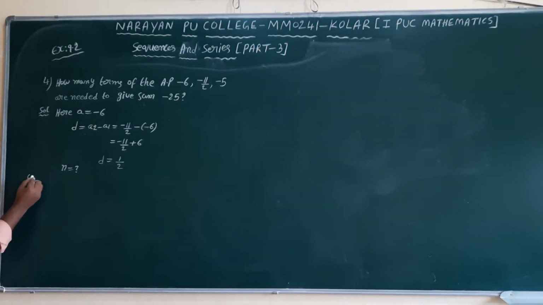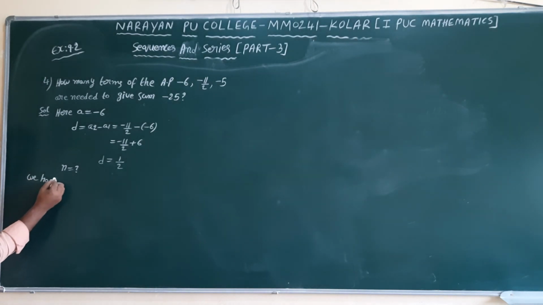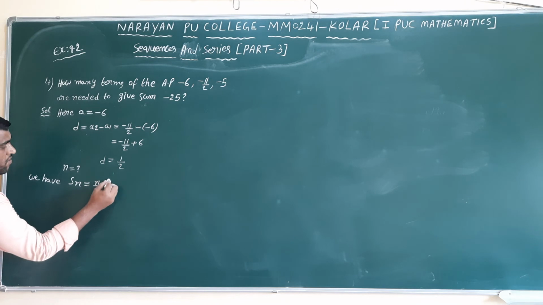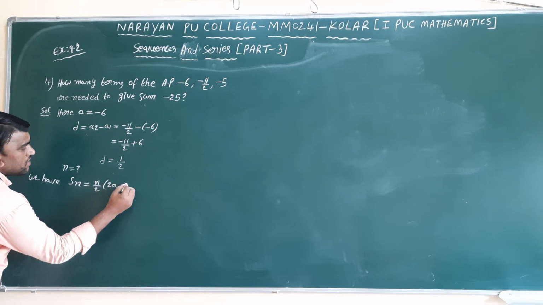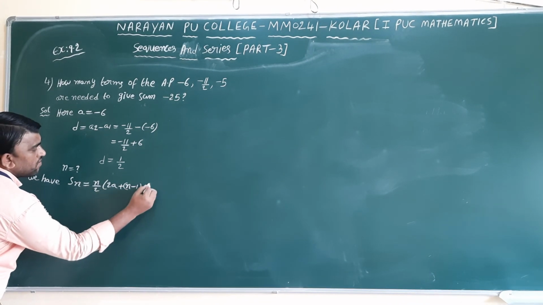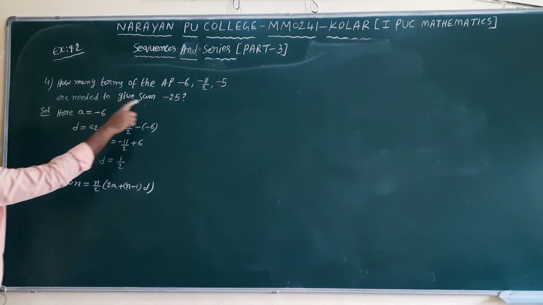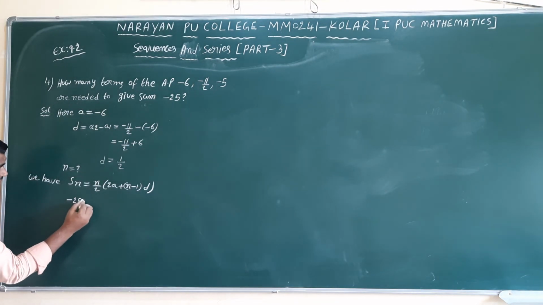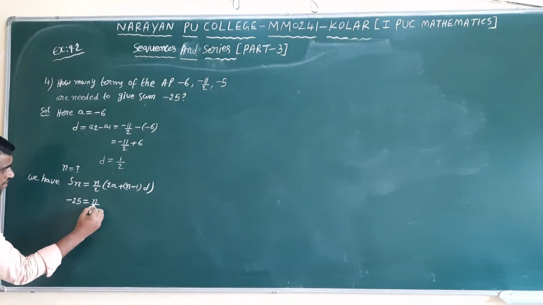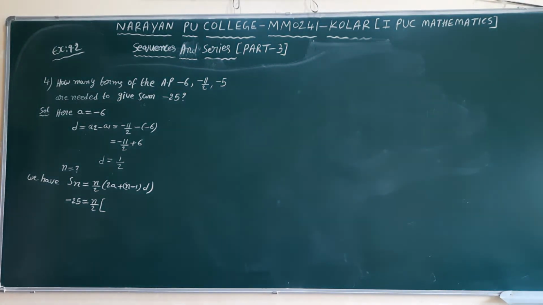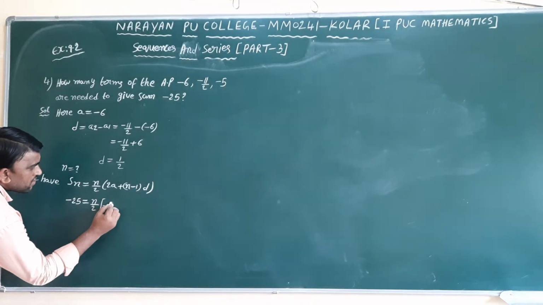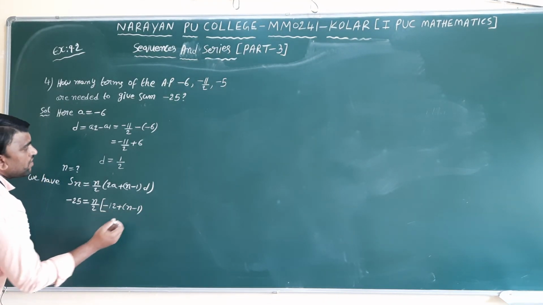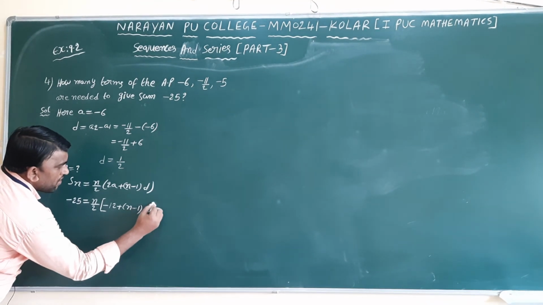So we have Sn equal to n by 2 into 2a plus n minus 1 into d. But the sum is given as minus 25. Minus 25 equal to n, which we don't know, by 2 into 2 into minus 6, minus 12, plus n minus 1 into d value 1 by 2.